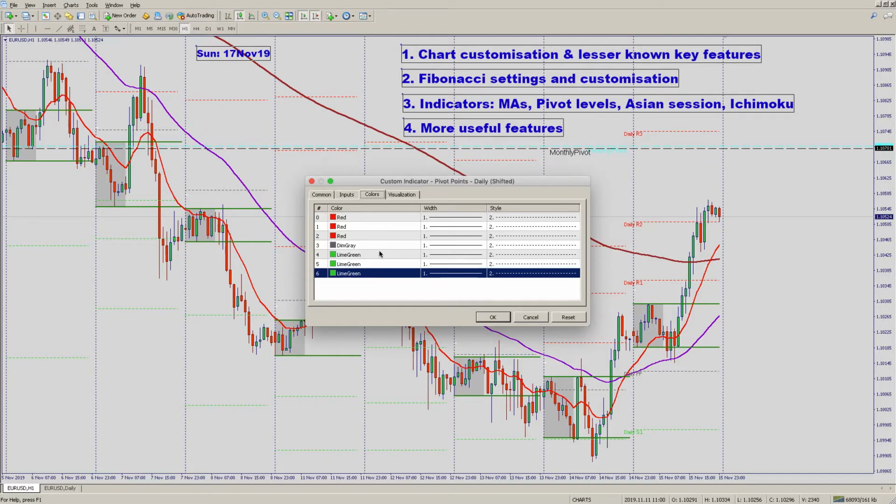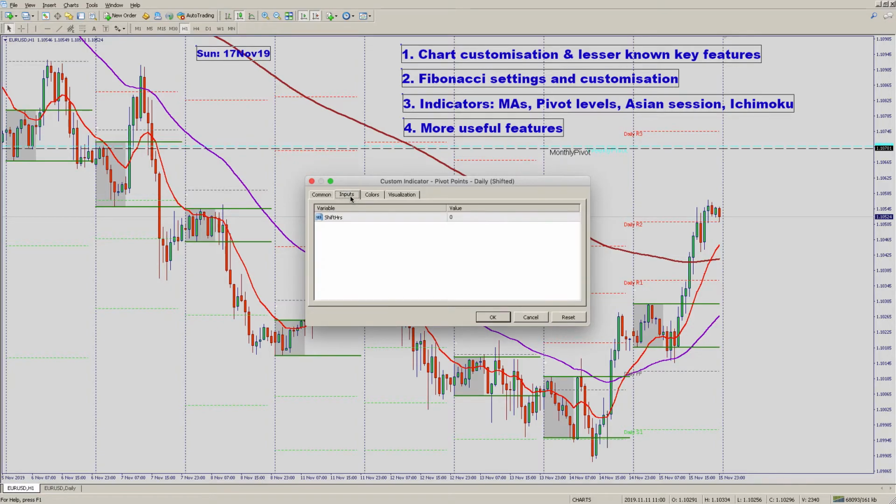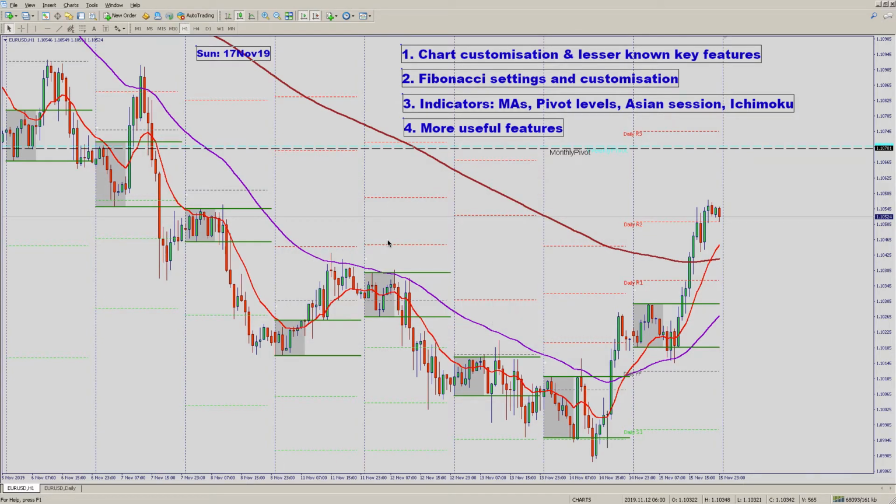Yeah, you can set the colors for the central pivot line and the resistance and support levels of the pivots. Shift hours is set to 0, so that it will align right to the start of the day, and that's all you need.